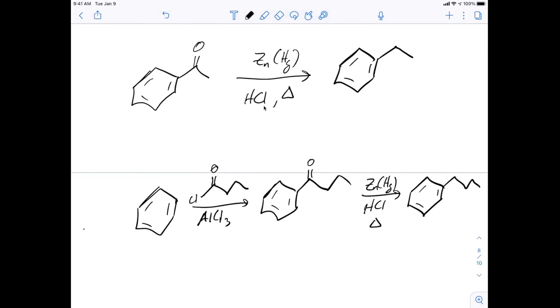Okay. So where Friedel-Crafts alkylation won't work to give us just a simple side chain, Friedel-Crafts acylation can. Now we don't have to do that with all of them. We might want to leave the carbonyl. We might want to reduce the carbonyl to an alcohol, right? As we get into carbonyl reactions, there's even other things we could do. But one way to make the basic carbon structures like these is to go through the acylation and then do the Clemmensen reduction.